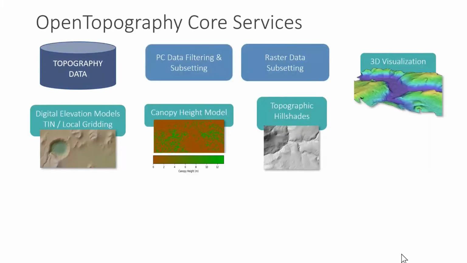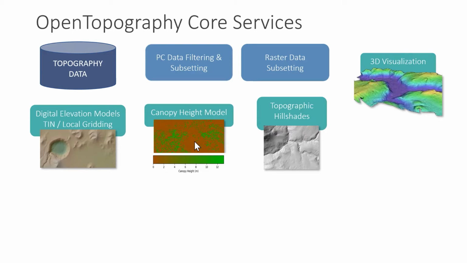So the Open Topography core services include data hosting, processing that includes filtering and subsetting, raster data subsetting, and then computation of digital elevation models using TIN-based or local gridding approaches. This is done on the fly. We can compute things like canopy height models and derive products like topographic hill shades.